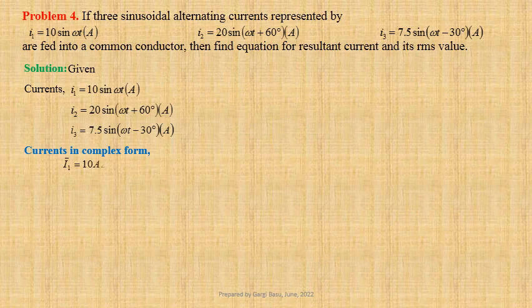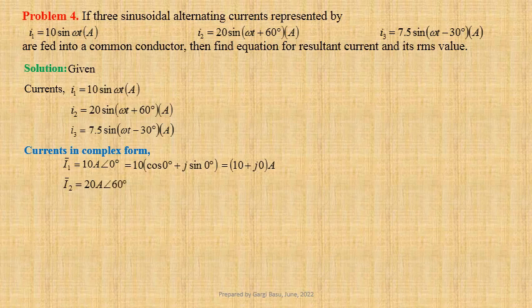Let us first write down the currents in complex form. I1 equals 10 ampere at an angle 0 degree. This may be written in Cartesian form as 10 times cos of 0 degree plus j sine of 0 degree, that is equal to 10 plus j0 ampere. I2 equals 20 ampere at an angle 60 degree.